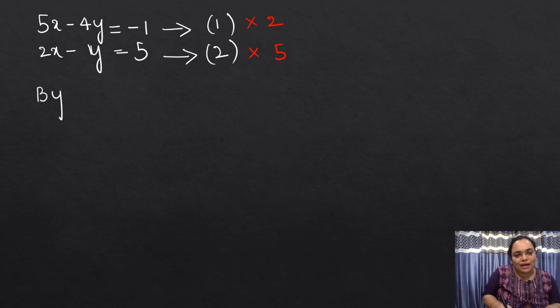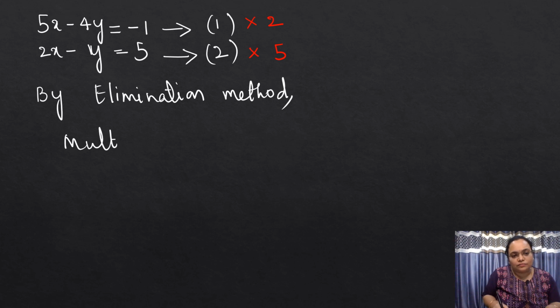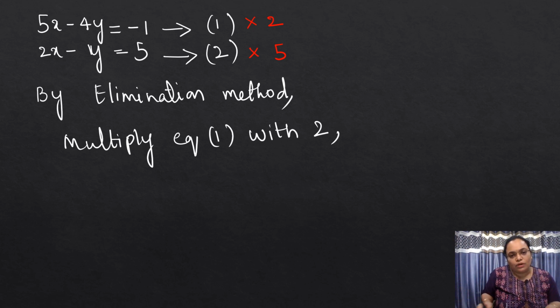So, by the elimination method, multiply equation 1 with 2 and equation 2 with 5.